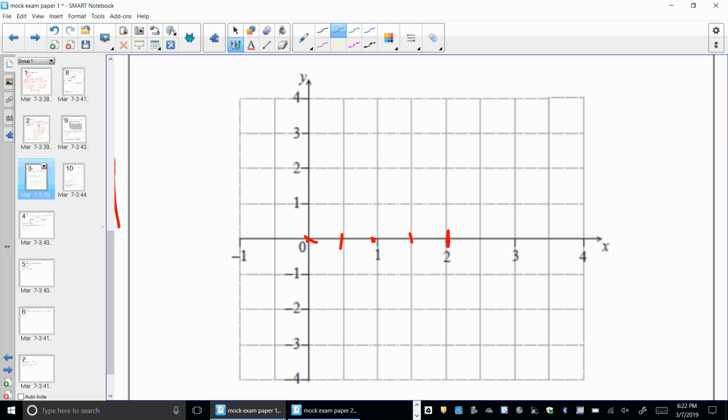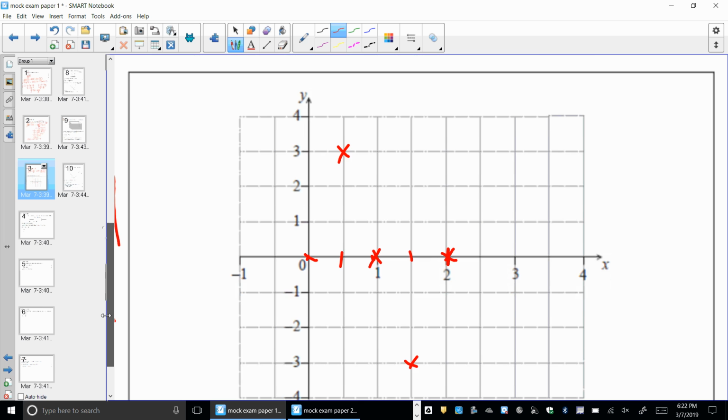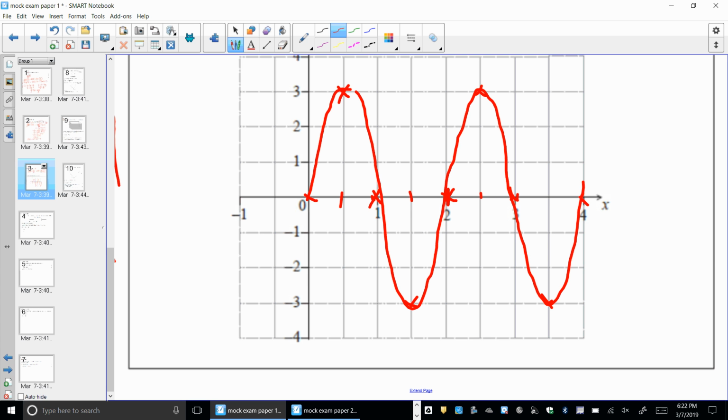I go up to 3, down to minus 3, up to 0. And I'm going to continue it because they want it to go on to at least 3, which means I'm going to go up, down, down, up. Okay.